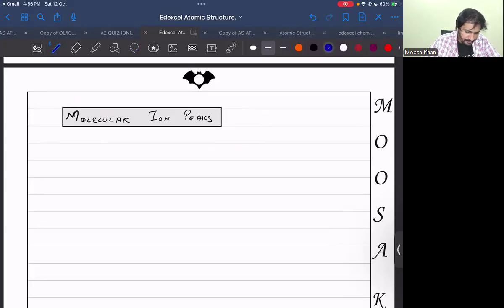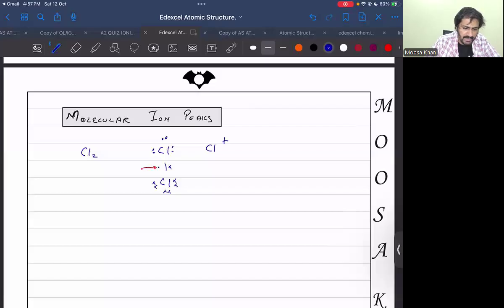Okay. When we are entering a chlorine molecule into a mass spectrometer, it is bombarded with a fast moving electron, due to which some of the electrons from the shared pair may be knocked out from this molecule, due to which the bond between these chlorine atoms will break down, right? If the shared pair electron is knocked out, obviously the bond will break down and we will get a chlorine positive ion.